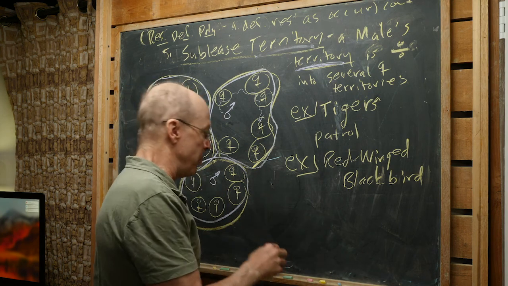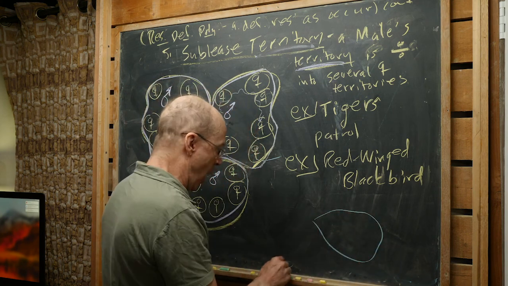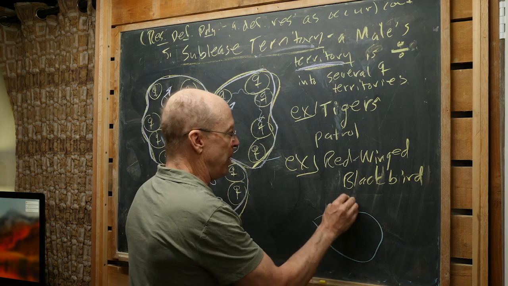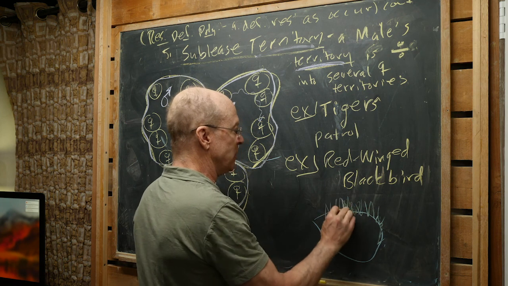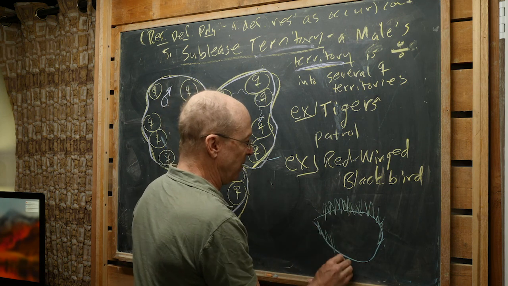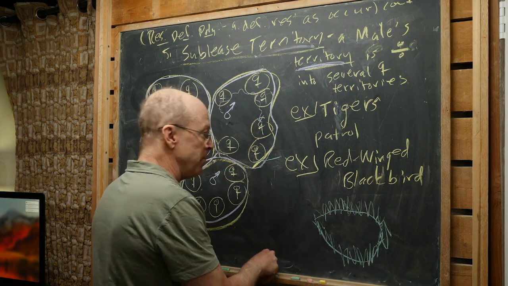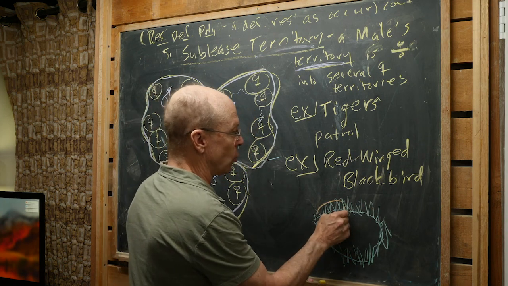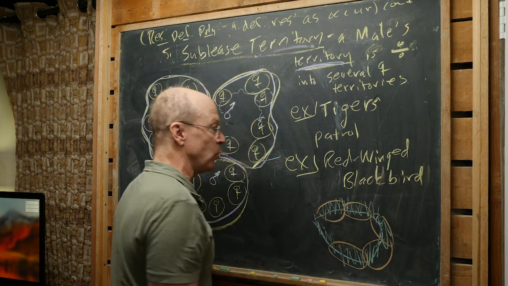So we could actually go back to one of these habitats where we have a body of water and we have a whole bunch of cattail marshland. That's the perfect emergent vegetation, very, very cryptic. So all this vegetation around a pond, and what you might see is that that's one territory, that's one territory, that's one territory, that's one territory, that's one territory.